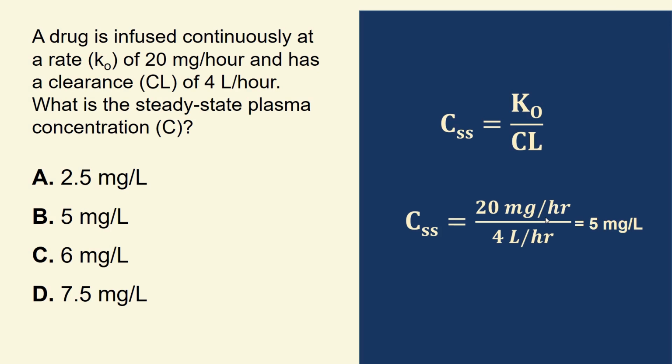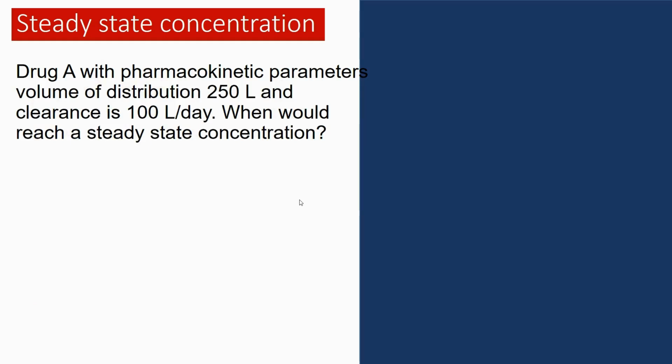All right, so the answer is 5 milligrams per liter. That's your best answer by using this steady state concentration formula. Here, I would like to present another good question, which is big in the exams about steady state concentration. So this is the last question for this video.